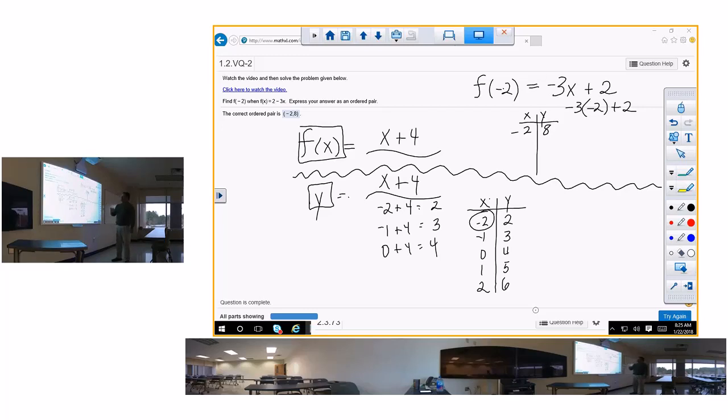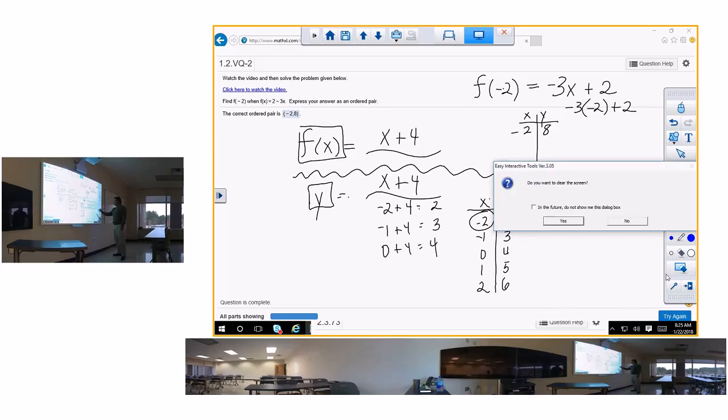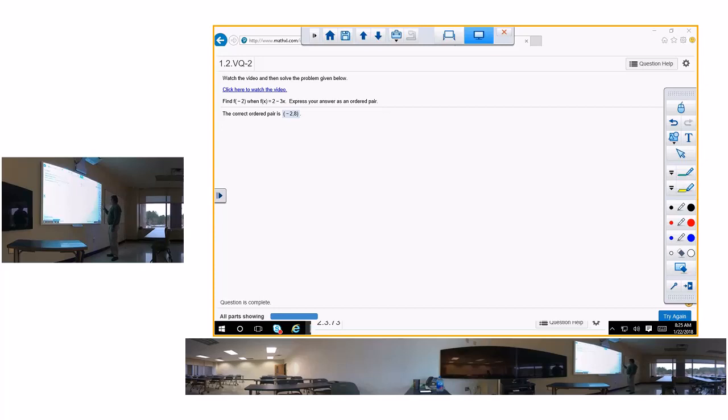I want to say one more thing, and it might help some of you in the homework. What if they give you the same question, f of x is equal to 4? Like I said, this is just like you learned back in pre-algebra, except it's written a different way. This is the same thing as saying y is equal to 4. So if y is equal to 4 and f of x is equal to 4, you're going to take that 4 and plug it in for that f of x there.